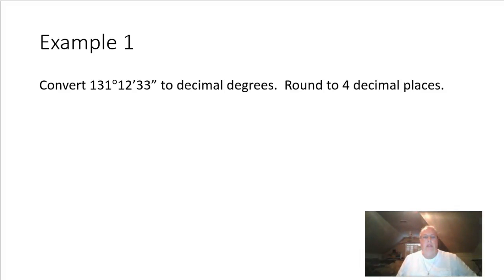This is example 1 from lesson 4.1. We are to convert 131 degrees, 12 minutes, 33 seconds to decimal degrees, and then round our answer to 4 decimal places. All right, let's see. 131 degrees can be written as 131 degrees plus 12 divided by 60 degrees plus 33 divided by 3,600 degrees.